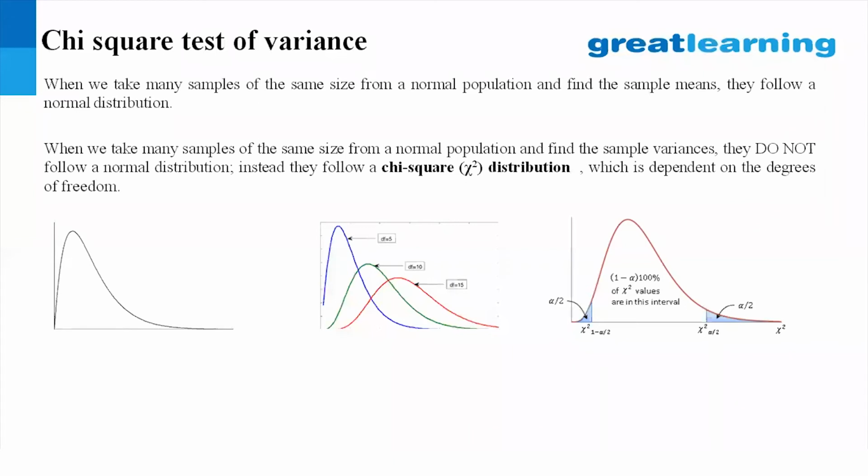Hence I've deliberately put this curve to show you that it is slightly different from the concept perspective. But if you're doing it in Excel or any other tool, you should keep it much the same way as you do for a z-test or a t-test. The tools have made things simple for you so that you don't get confused. But from a concept perspective, know that the alpha values are opposite compared to what they are in the z-test or the t-test.